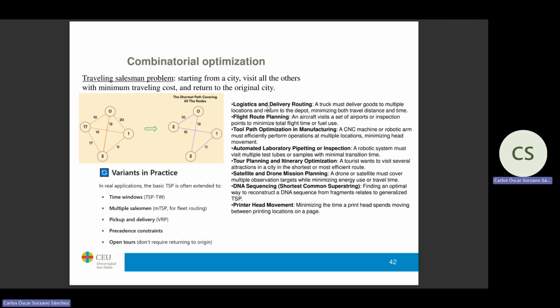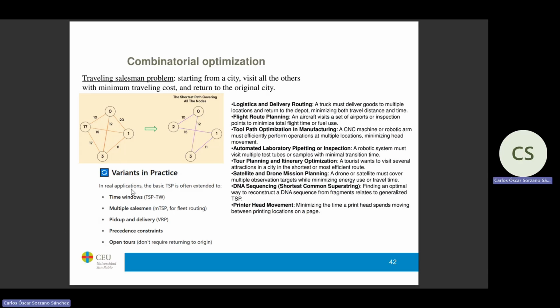So, for instance, trucks, deliveries. Okay, this is how it is formulated from the very beginning. But for instance, laboratory pipetting or inspection, where they have to visit multiple testing sites, and you have a robot that has to explore an area, that is also a salesman problem. For instance, DNA sequencing: you would never think that this problem could be transferred to DNA, but it is somehow.